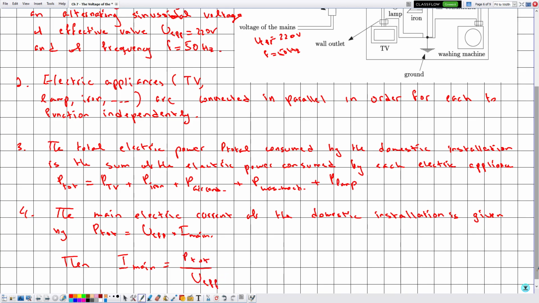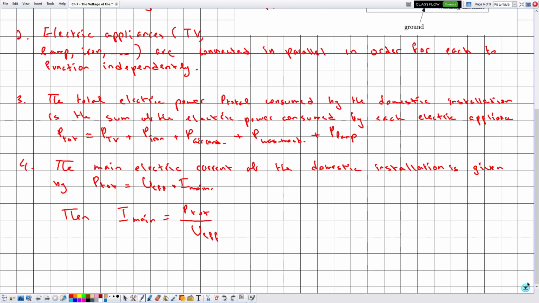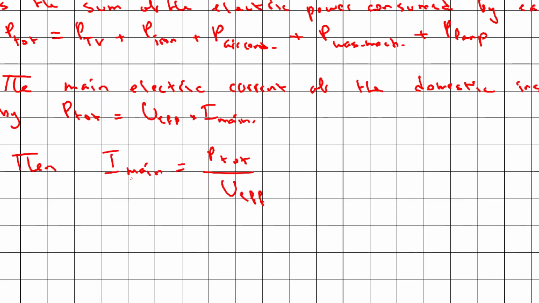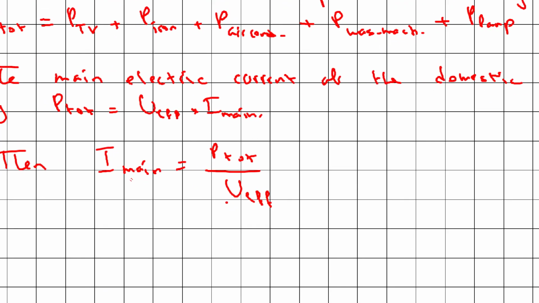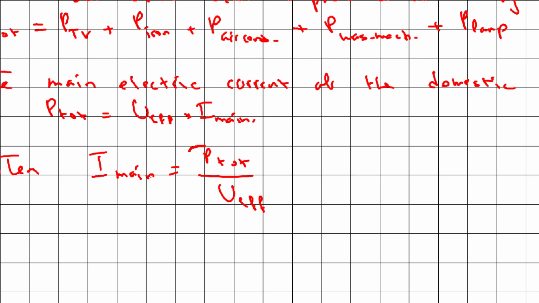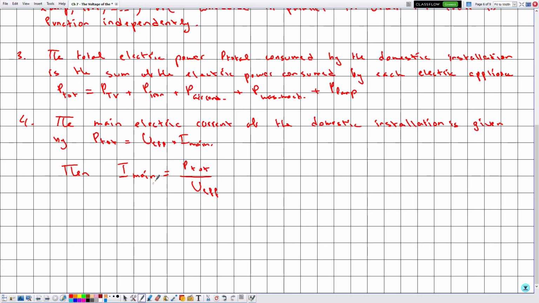We know that in Lebanon, the voltage of the mains supplied to the domestic installation has a value of 220 volts, and we can determine P total by adding the power of each electric component. Dividing P total by U effective, one can calculate the value of I main.